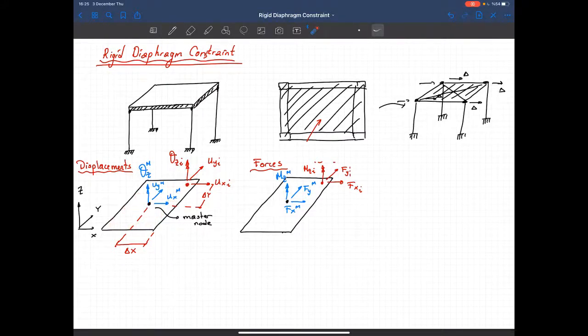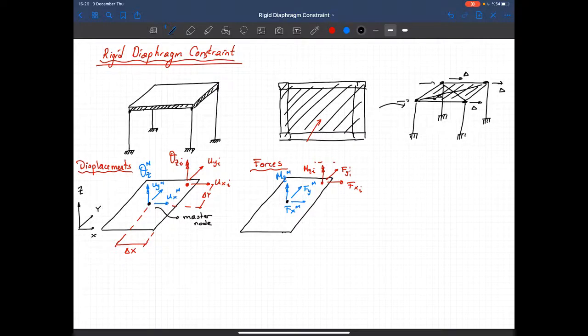Okay, so our approach is nothing different than the rigid end offsets. I want to relate the displacements of a typical node with the master displacements, get the transformation matrix, and then do the calculations to obtain the new stiffness matrix. Now, what is my relationship between the displacements?